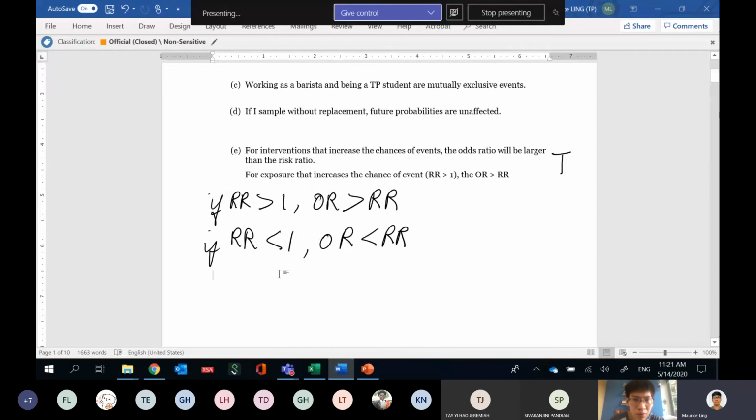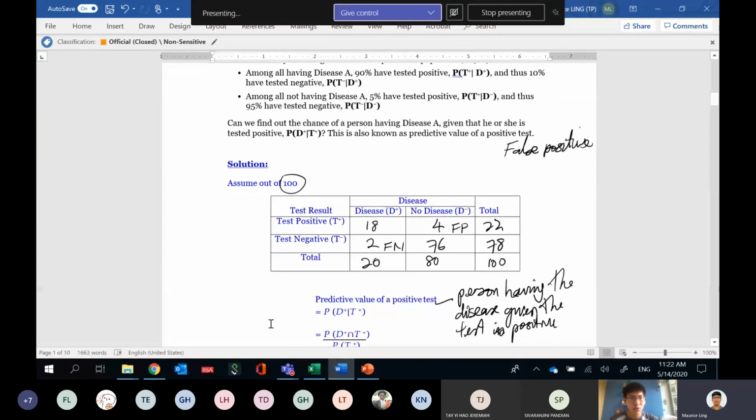All right, the next question I'm going to ask you is, can relative risk equal odds ratio? Yes. How can you have relative risk equal to odds ratio? Look at this.